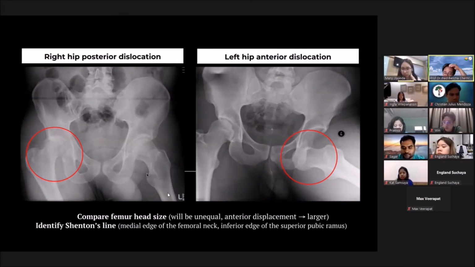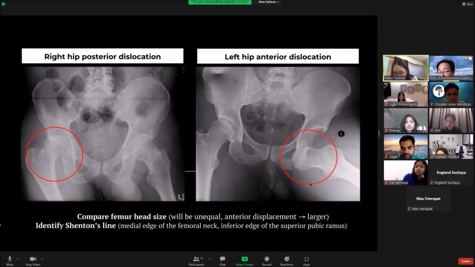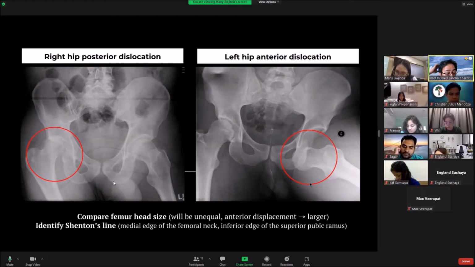For the picture on the right, it's a left hip anterior dislocation, I think. You can see the lesser trochanter. For the anterior dislocation with the hip in internal rotation, you cannot see the lesser trochanter. It's gone.